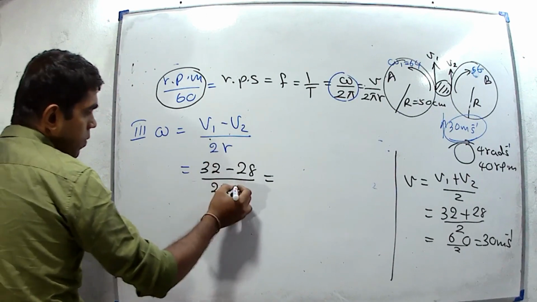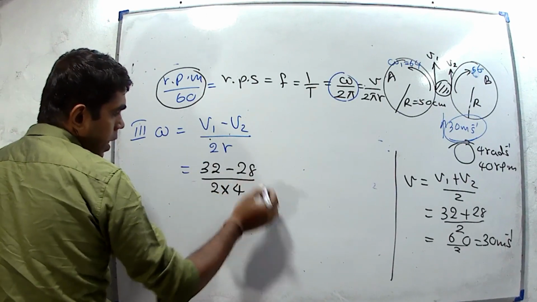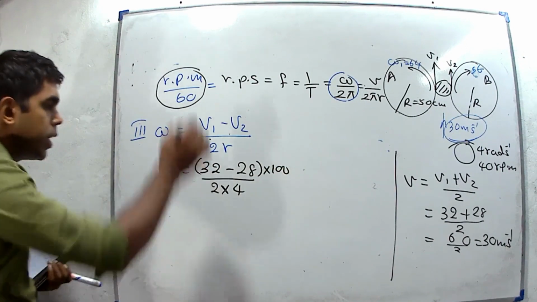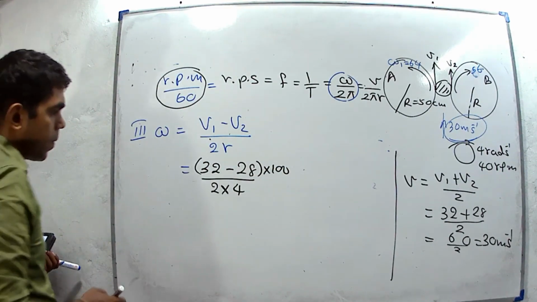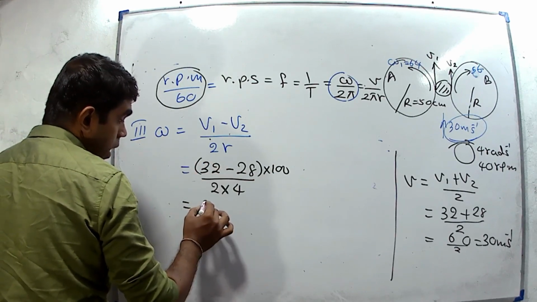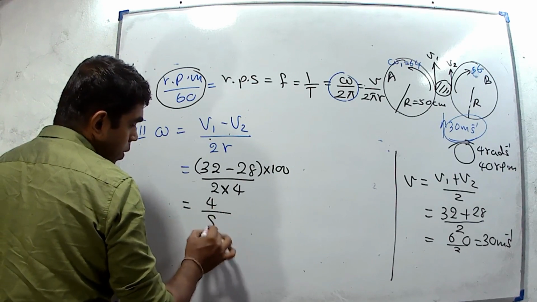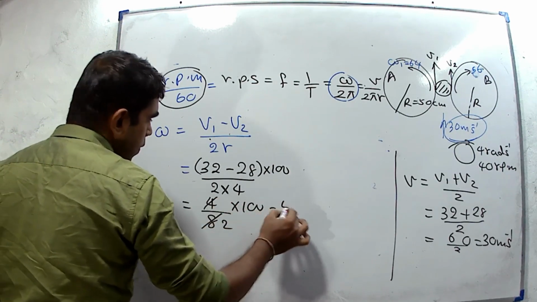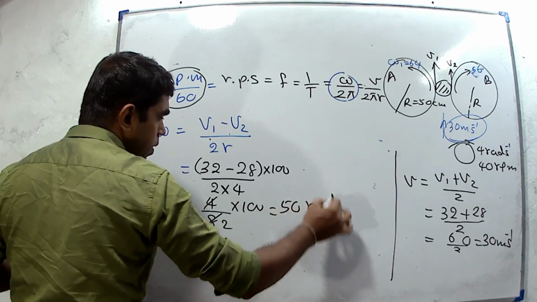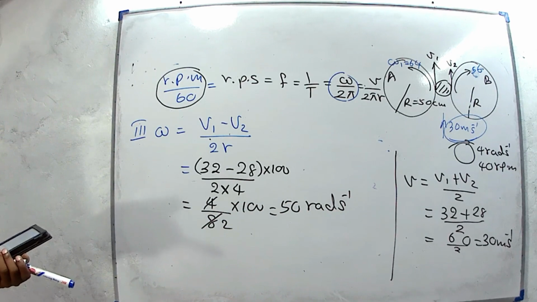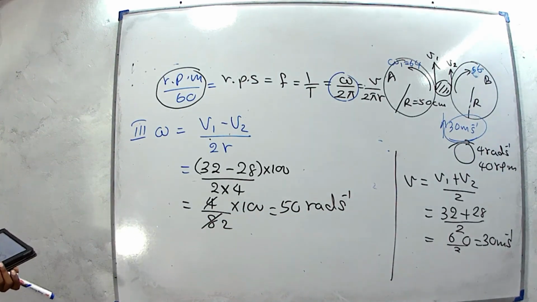Radius of the ball is 4 centimeters. 4 centimeters we have to convert to meters. Then I will use 100 in the numerator. 32 minus 28, 4, divided by 2 into 4, 8, into 100. 50 radians per second. It is the angular velocity of the ball.